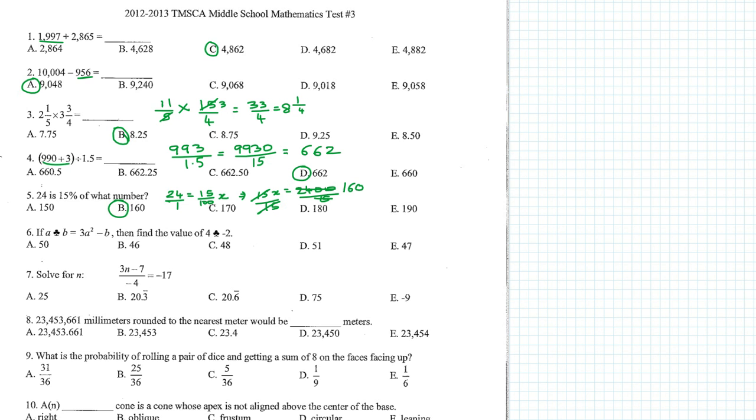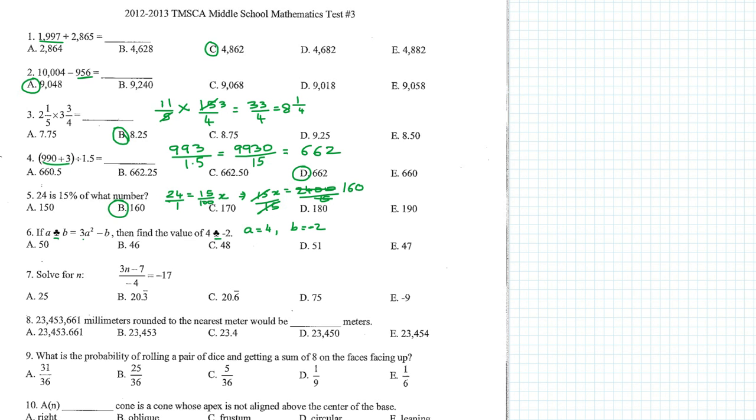Question 6. A operator B is equal to 3 times A square minus B. Then find the value of 4 operator minus 2. So clearly over here A is equal to 4 and B is equal to minus 2.